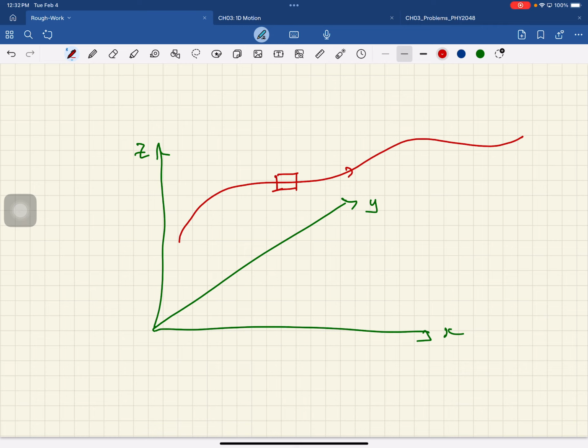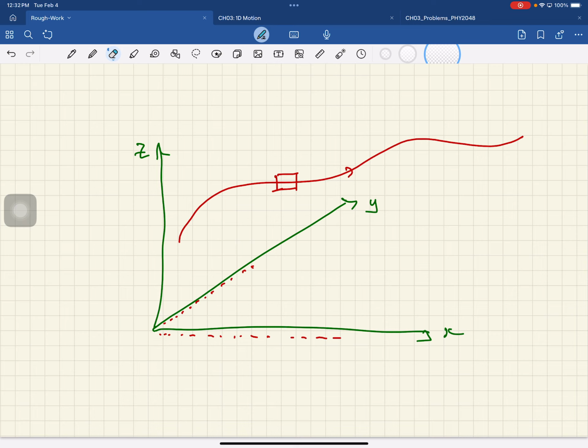All right, now here's another fact. When you're flying like that, here's your shadow along the x-axis, the projection along the x-axis moving like that. Here's your projection along the y-axis moving like that.